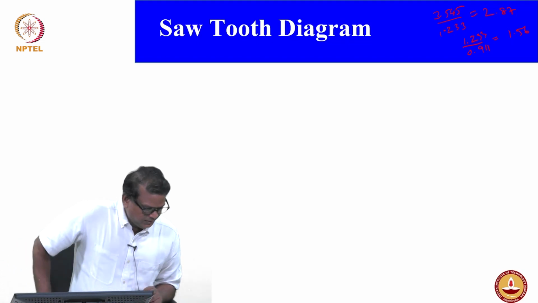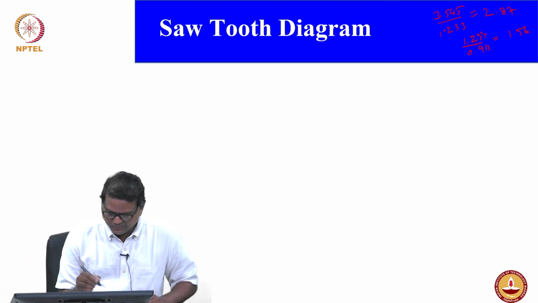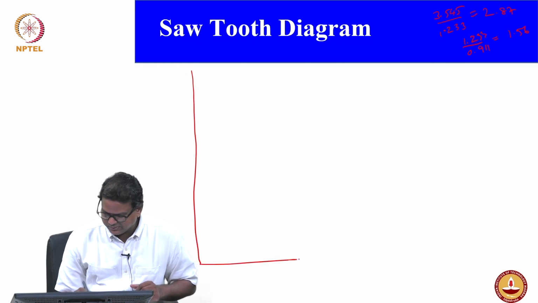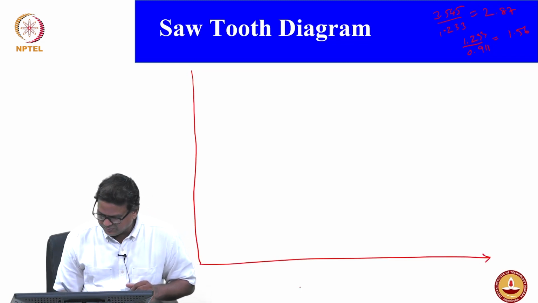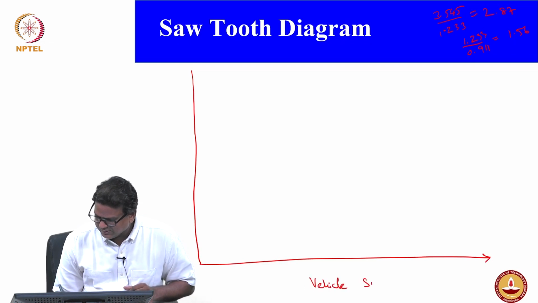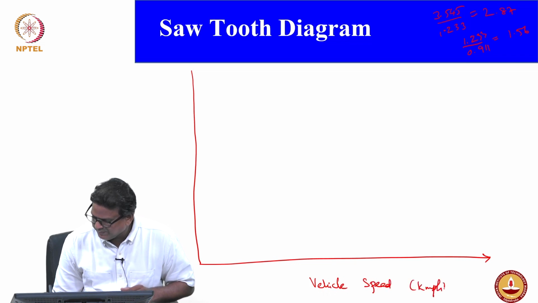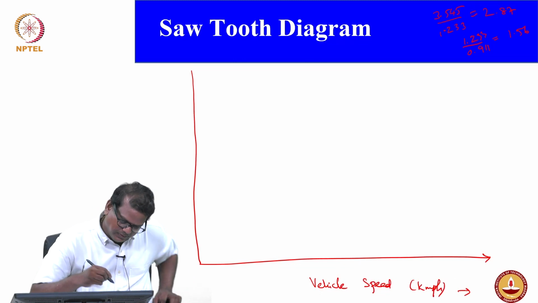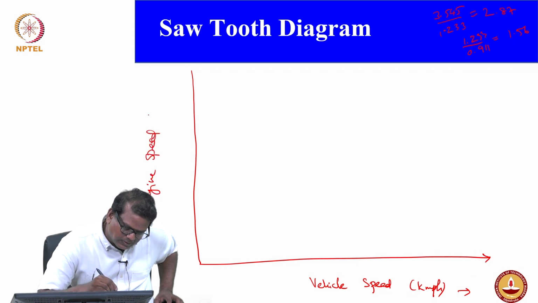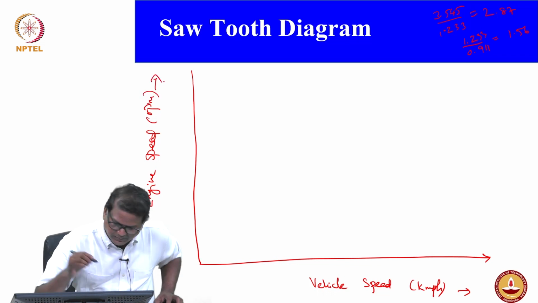Now we will draw the sawtooth profile. So just take like this. This is vehicle speed, kilometer per hour in this direction, and this is engine speed in RPM, it moves like that.